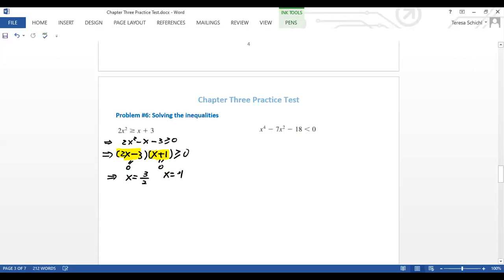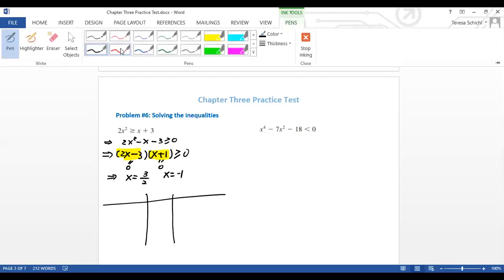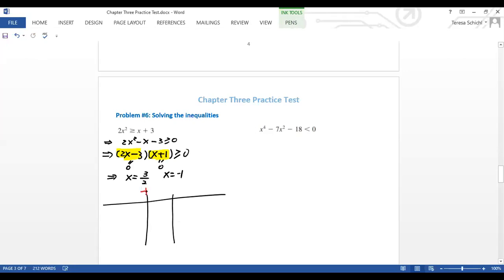After that, like in the video, we do a little table here. So we arrange it: this is negative 1, this is 3/2, and then put your two terms here.